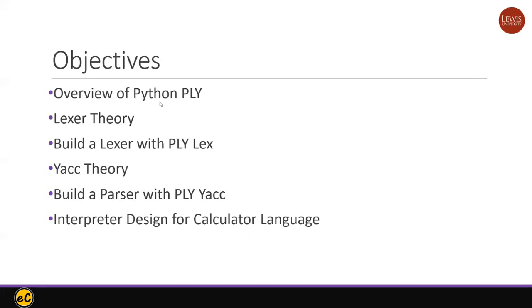So we will go over the overview of PLY, Python Lex and Yacc, and then use Python Lex and Yacc to design the calculator language. So we'll go over using Python PLY to design the Lex and Yacc, and then talk about the interpreter design for the calculator language.